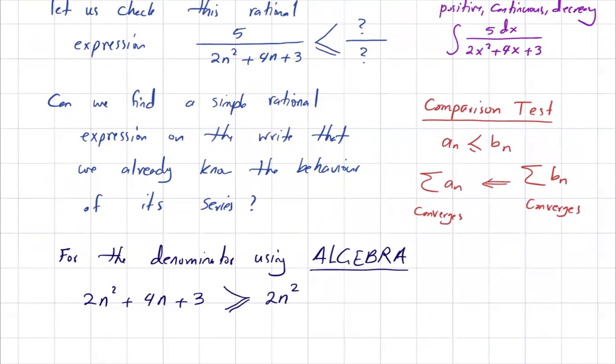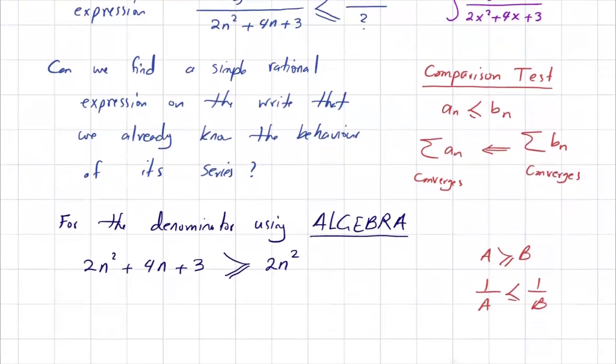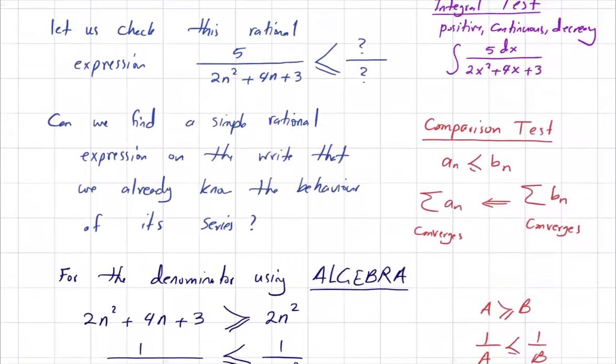So if I flip this, it's basically saying that, hey, if a is more than or equal to b, 1 over a is less than or equal to 1 over b. So here you have 1 divided by 2n squared plus 4n plus 3 less than or equal to 1 divided by 2n squared.